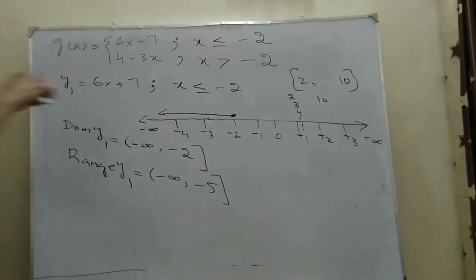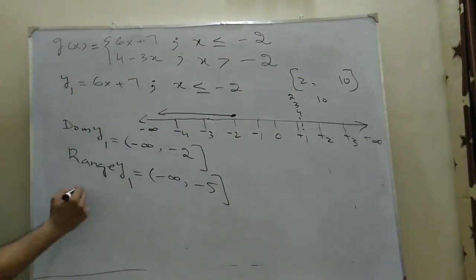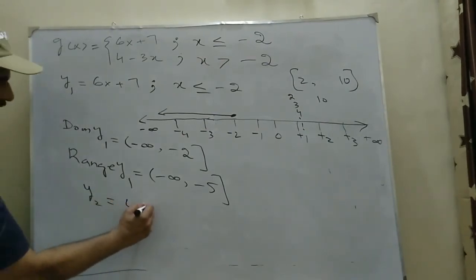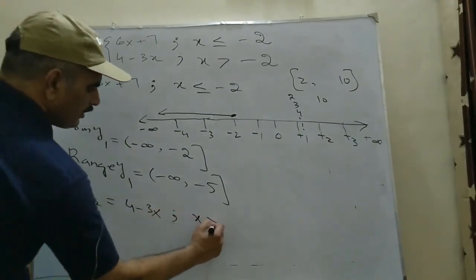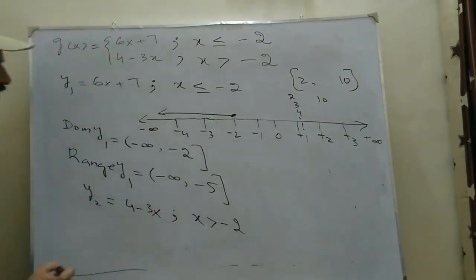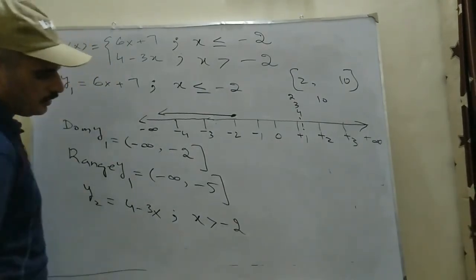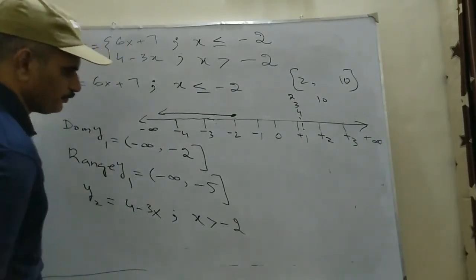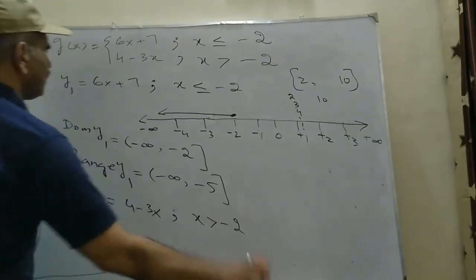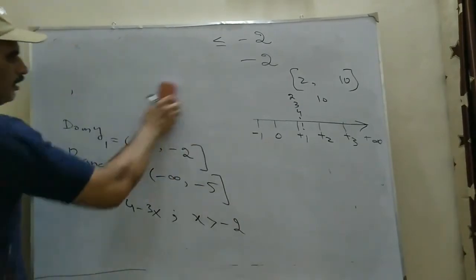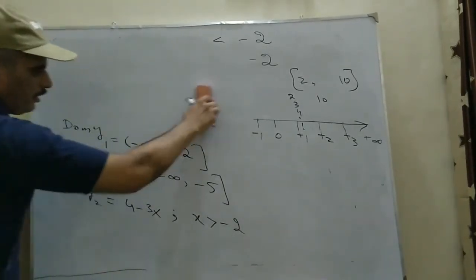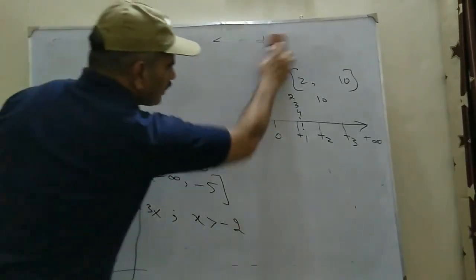Now we take the second part of the function. We label it as y2, 4 minus 3x. The condition is x is greater than minus 2. Now you can choose values that are greater than minus 2. So let us check the number line.